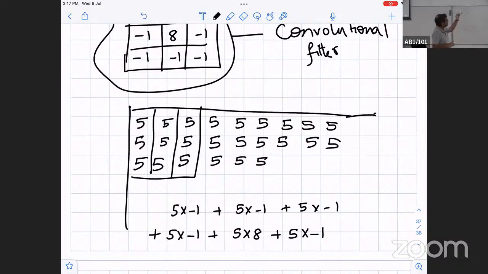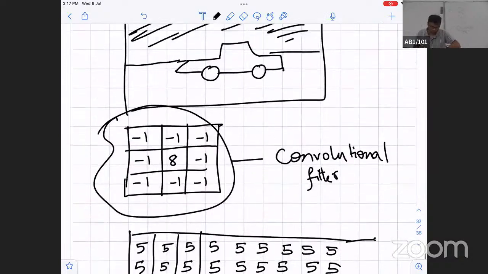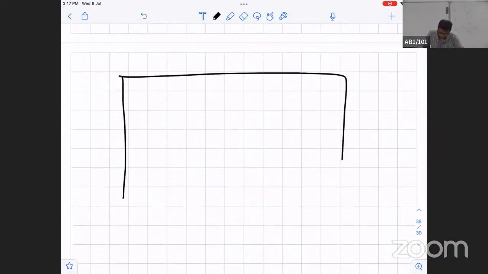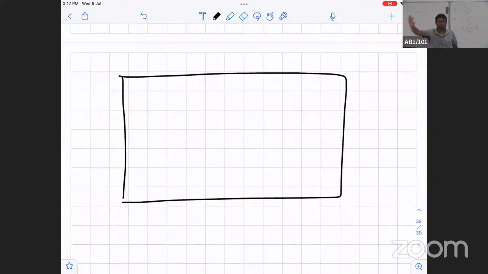So as you move that filter throughout the image, I will get a new value at each position. I will take an image and generate a new image. If the image was of that car, what will I end up getting? I will get a whole bunch of zeros wherever all the pixels are the same. So essentially what I will get is the edge.